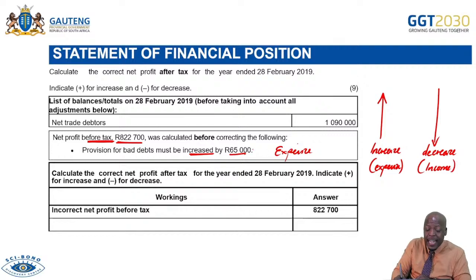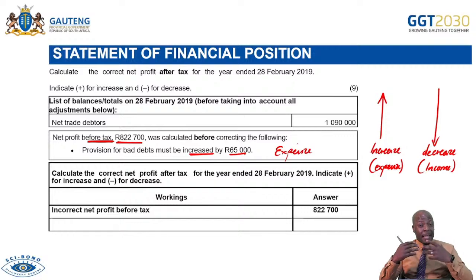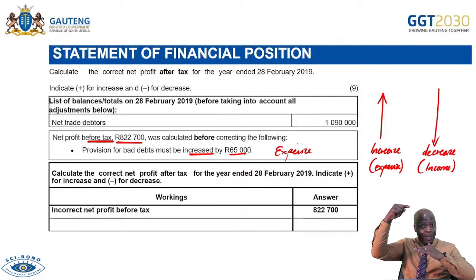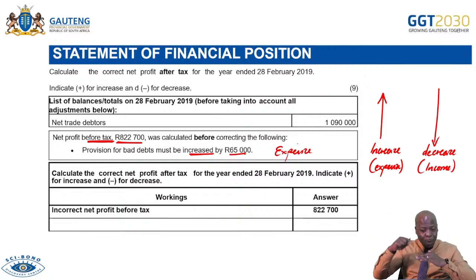So once I have an expense that has not been recorded, that means I have an expense that was not taken into account when we calculated the correct net profit. That means my expenses were less because I have an expense that was not recorded. So my expenses are less. Once my expenses are less, my profit is more. So in order for me to correct that, I am going to go and reduce my profit.